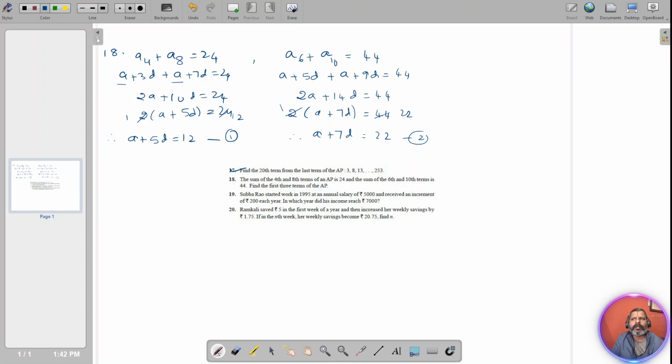Solve these two equations using the knowledge of solving two variables. We'll do 1 minus 2. That is, a + 5d equal to 12, then a + 7d equal to 22.